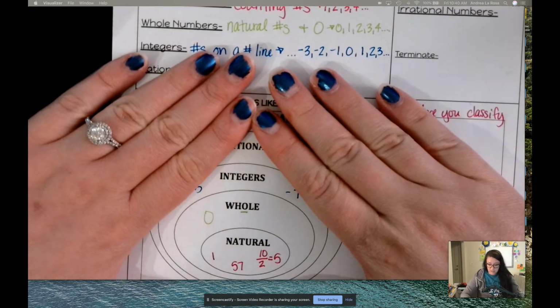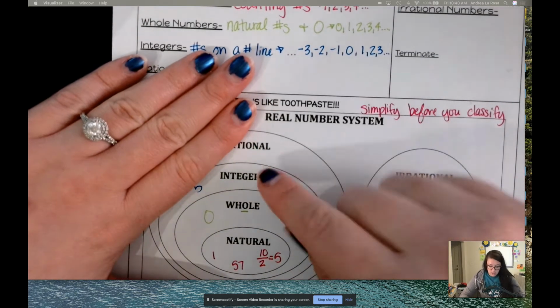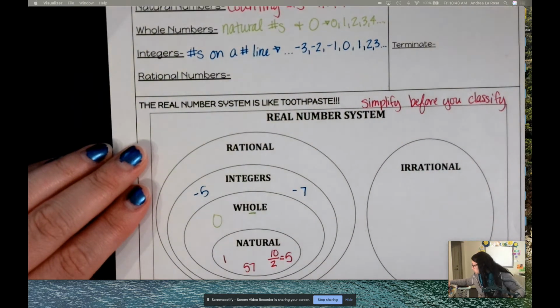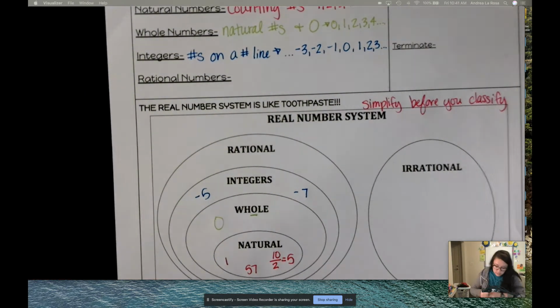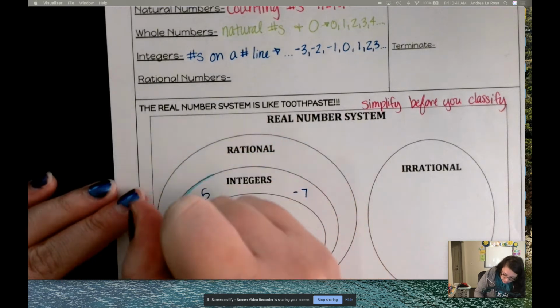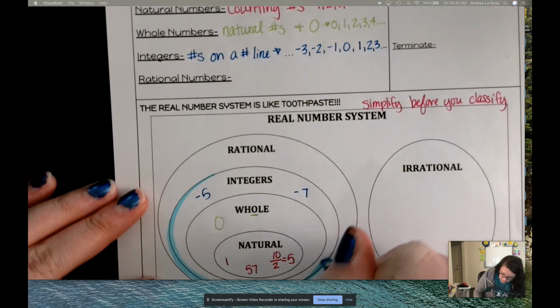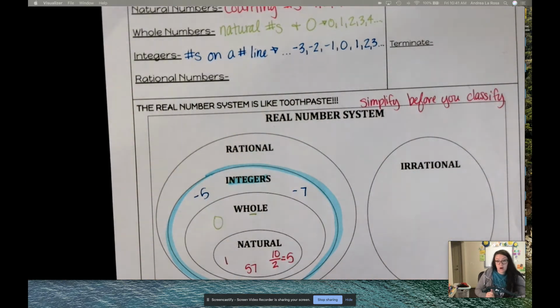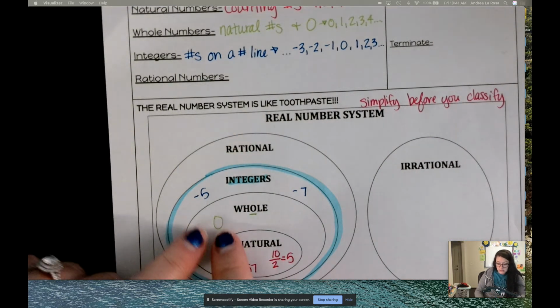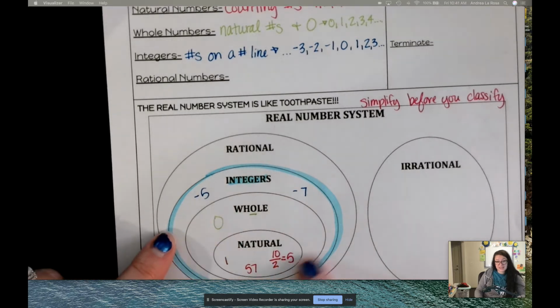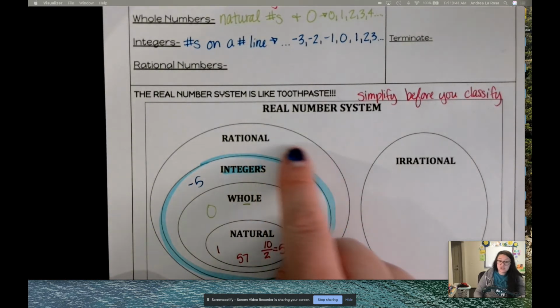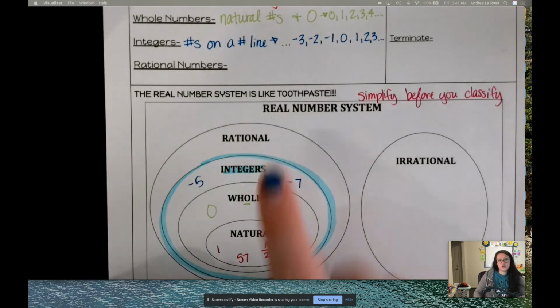Again, if I look at my chart, here is my line for integers. Everything inside of that blue circle for integers are still integers. 0 is still an integer because it's inside that integer bubble. 57 is still an integer because it's inside that integer bubble.